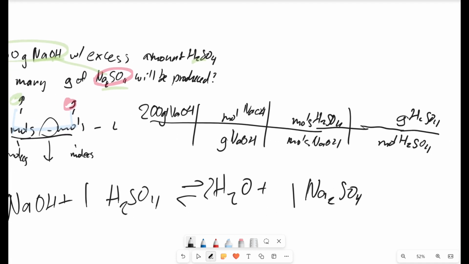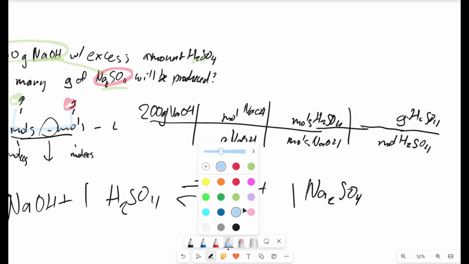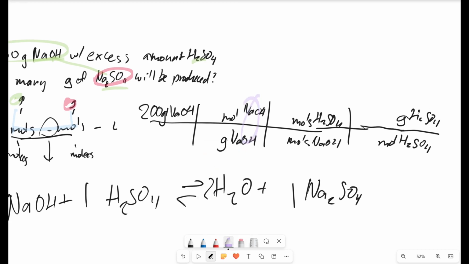Now let's fill in our values. When we have moles of the same chemical, like right here and right here, moles are going to be 1 and grams are going to be the molar mass. For NaOH, it's 23 plus 16 plus about 1, which is about 40.